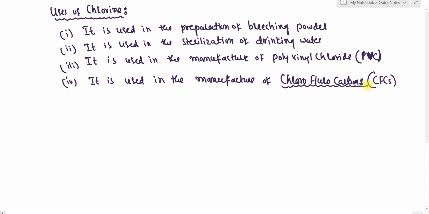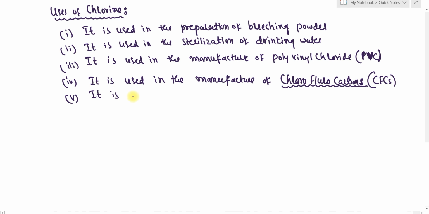Then it is also used in the manufacture of chloroform. Yesterday I also told that. Okay, so these are some important applications.